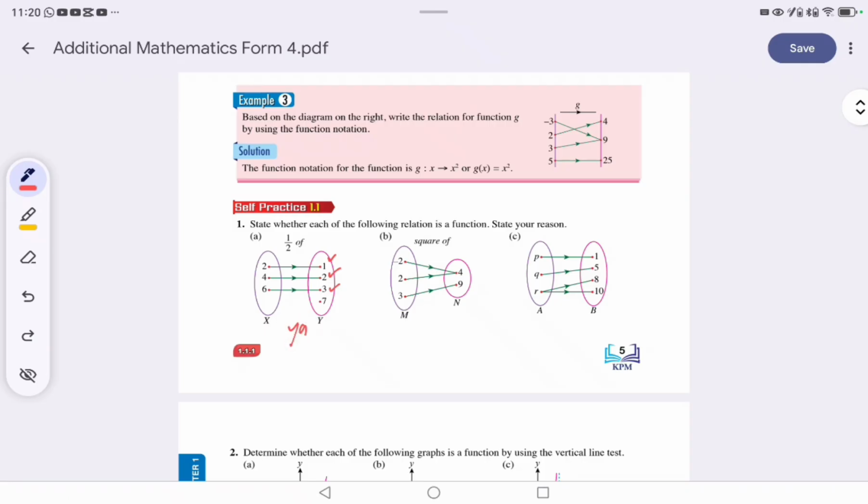And how about this one? Many to 1. You see? This one of course is 1 to 1. This one many to 1. So this one also is a function. How about this one? Number 3, 1C. This one P to 1, Q to 5, R to 8 and 10. So here you can see 1 to many.